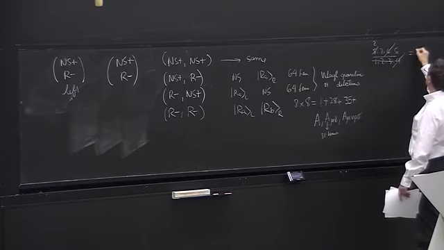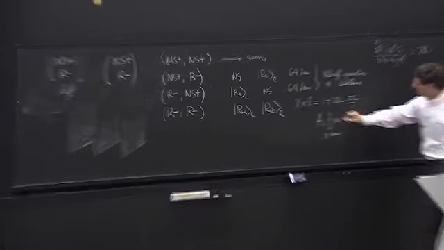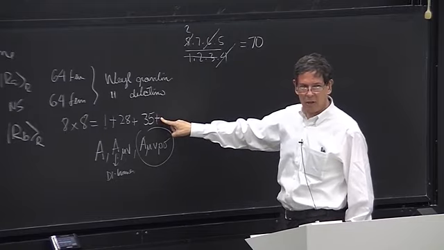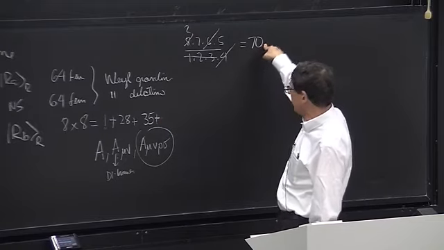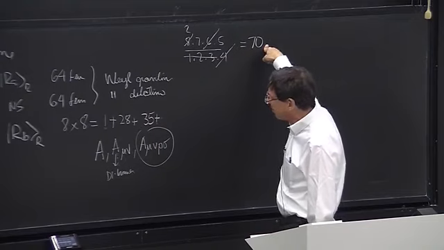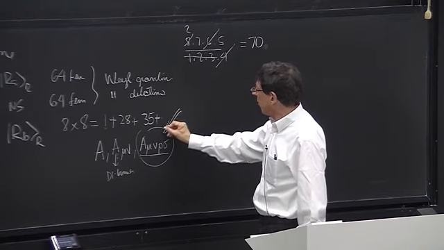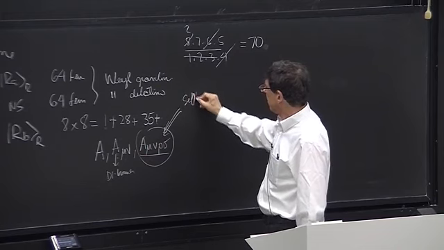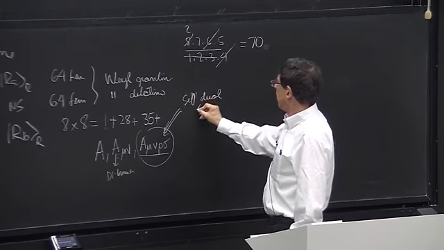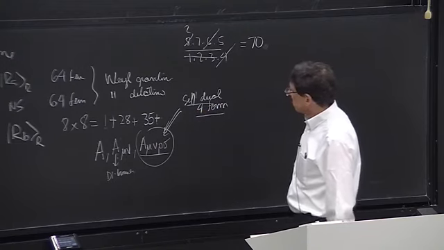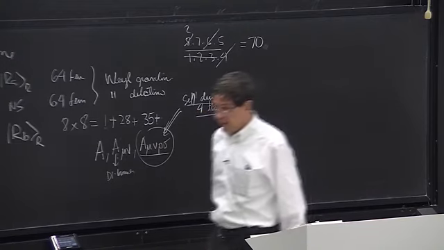You get 70. But this field, this 35 plus, means there's some sort of duality condition that cuts the degrees of freedom of the 70 in half. So this is what is called a self-dual 4-form. It's a very strange field.